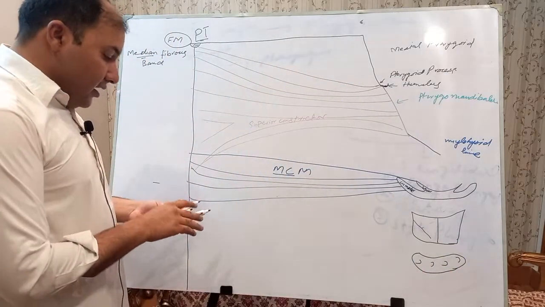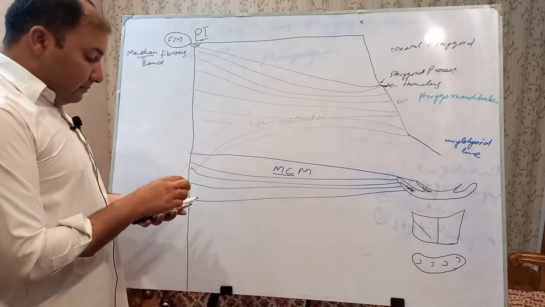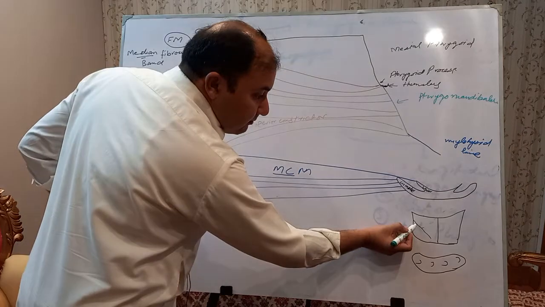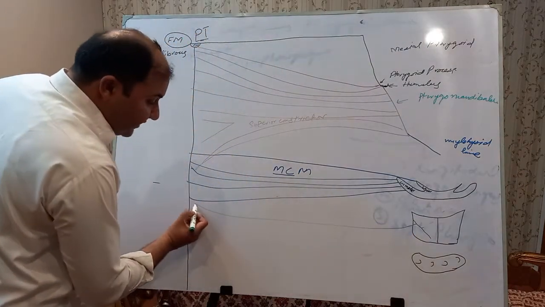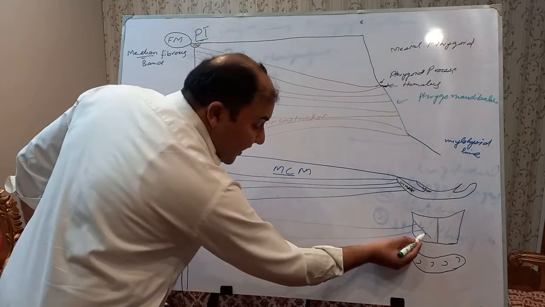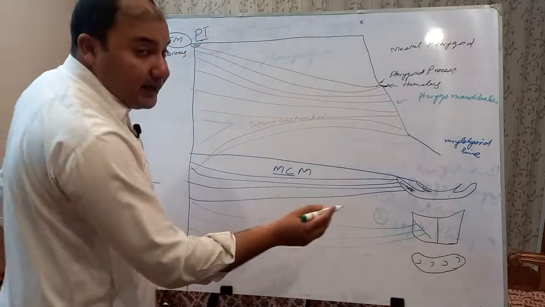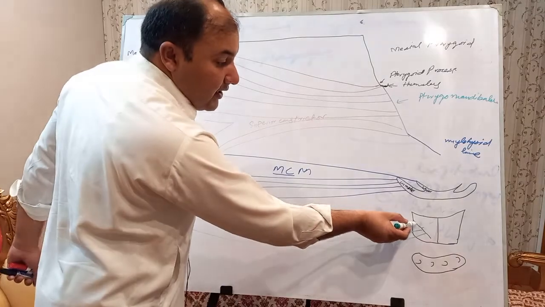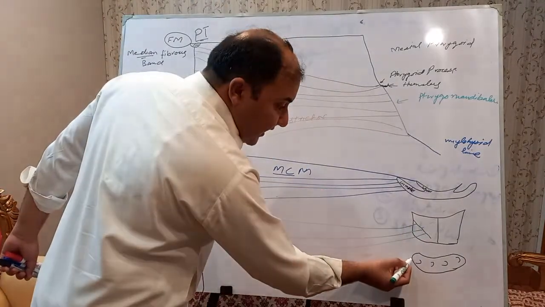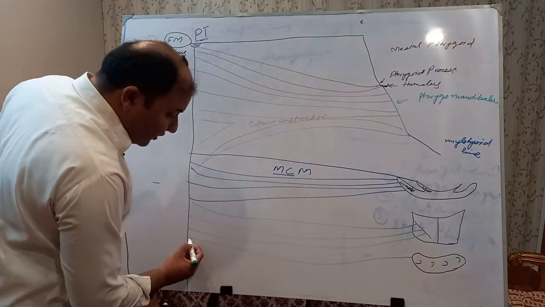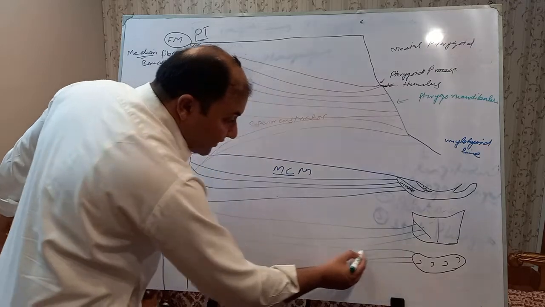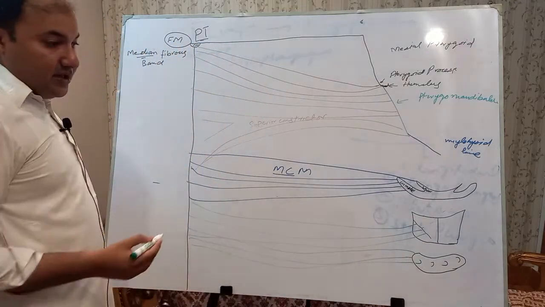From these two important cartilages, a muscle originates called the inferior constrictor muscle. You can easily identify an important line, the oblique line present on the thyroid cartilage, and then some fibers originate from the cricoid cartilage of the larynx.